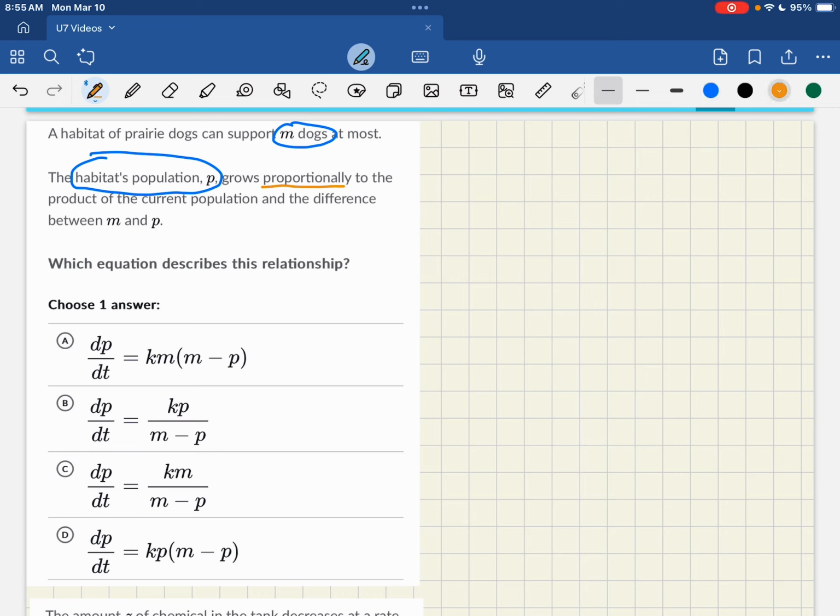We have proportionally is a math word, product is a math word, and difference is a math word. When you see the word proportionally, you should think a number equals K times a number.